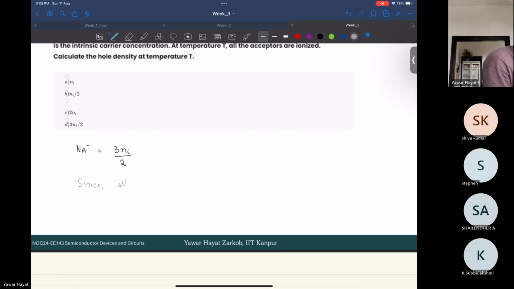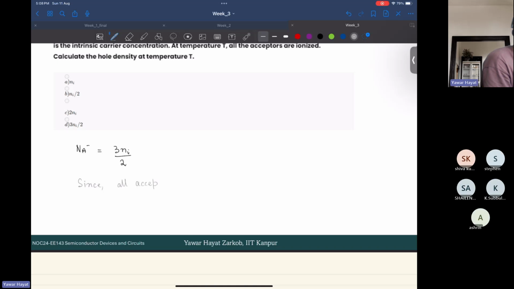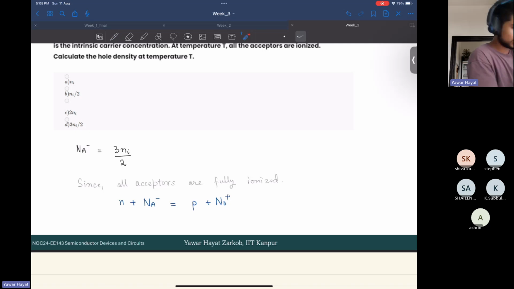Since all acceptors are fully ionized, by charge neutrality condition, I can write N plus Na minus, that is equal to P plus Nd plus, right? Which of the terms is zero among these?